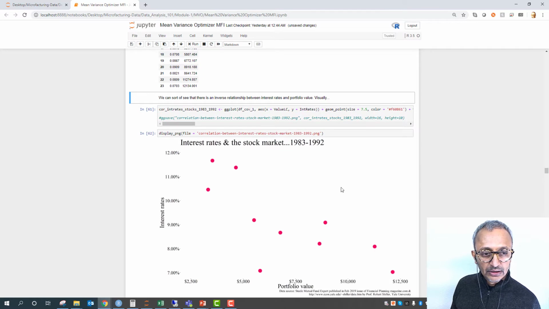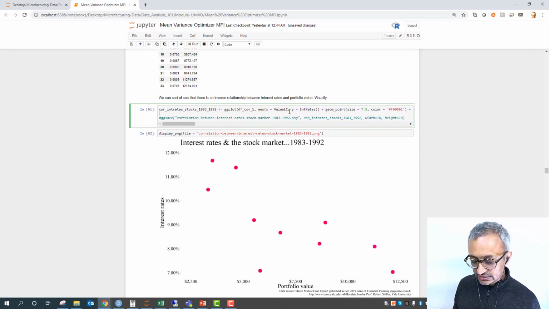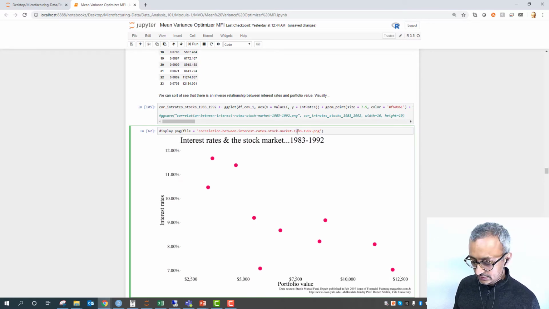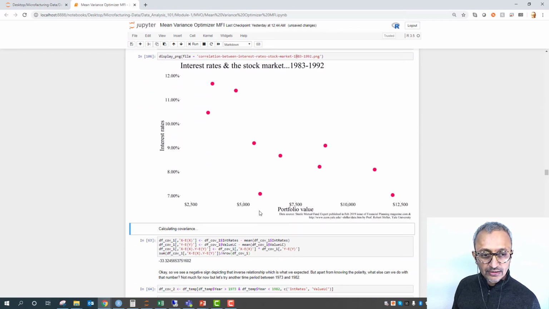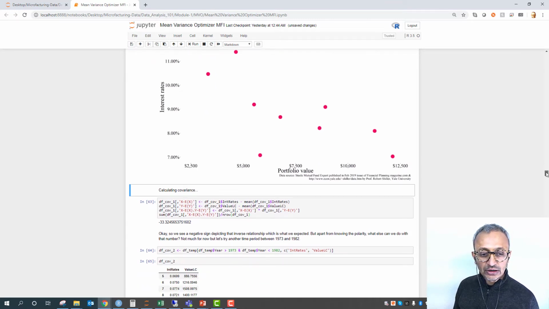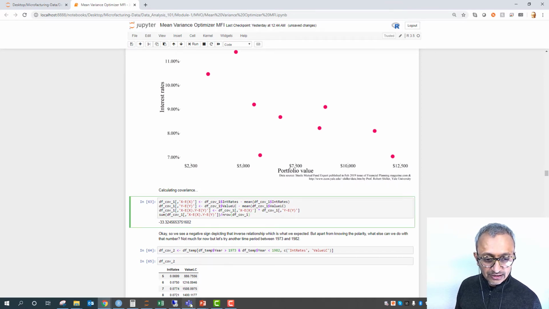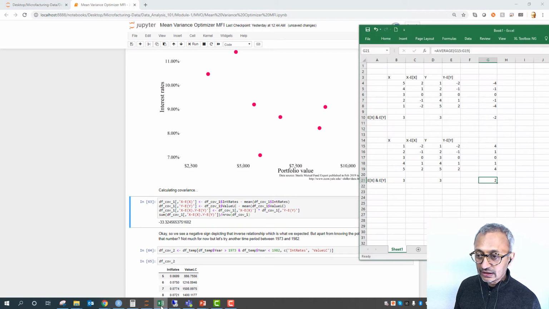We can see the inverse relationship, and we can plot it, and here we see that plot. So as interest rates went down, your portfolio value went up, right? We can hand calculate what the covariance is. This is exactly the same math between those two columns that we did in the Excel spreadsheet.